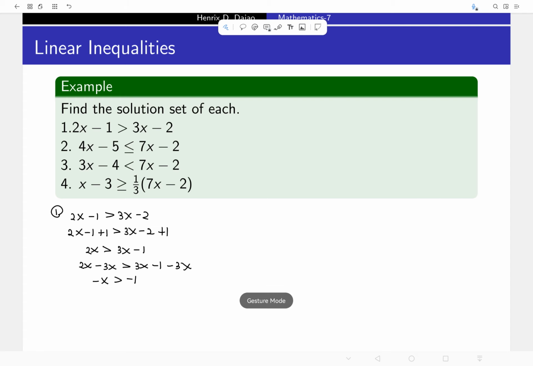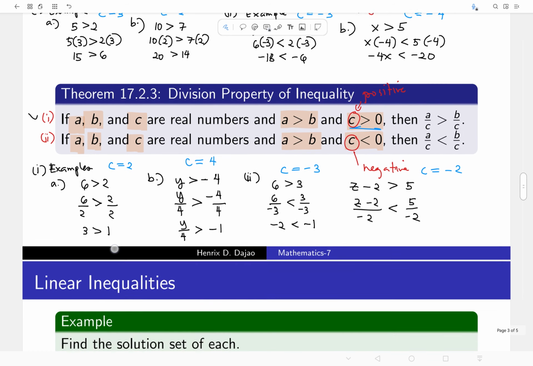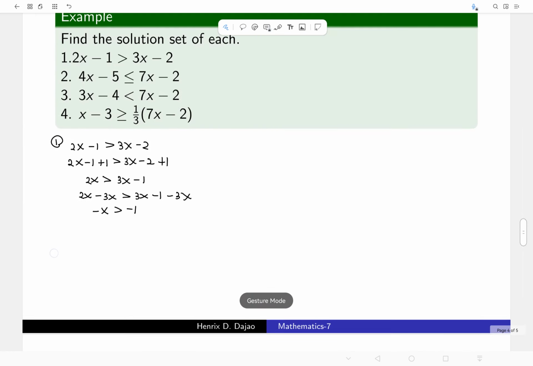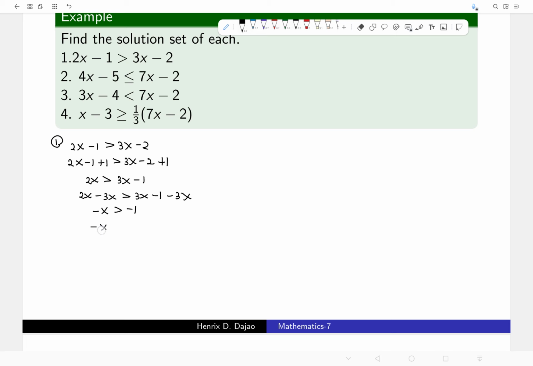So we will apply the division property, and particularly we're going to divide both sides by a negative number. So remember, we're going to divide both sides by a negative number, that is negative 1, right? So since this is negative 1, if you're going to divide both sides by a negative number, this one will become less than.